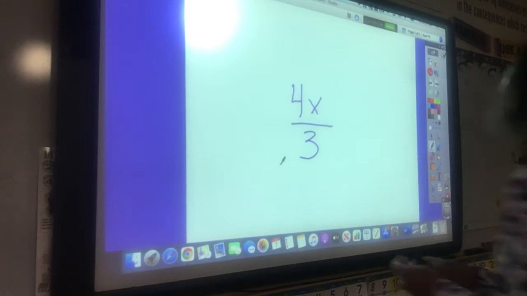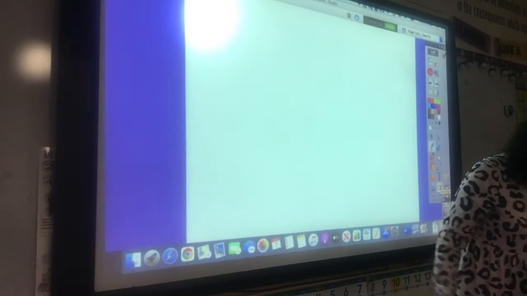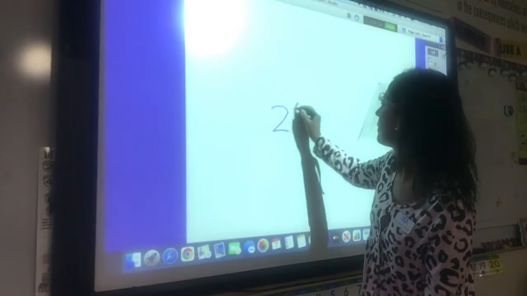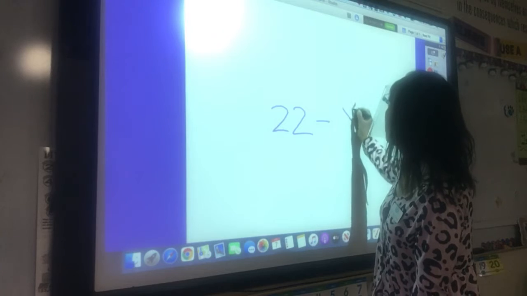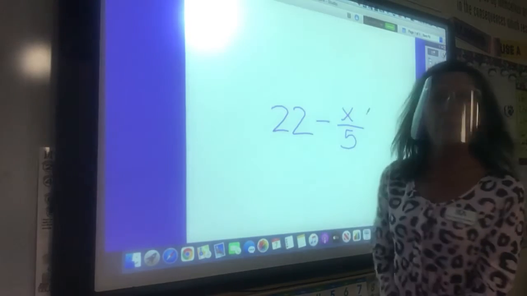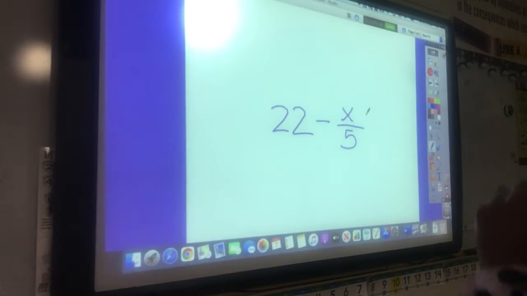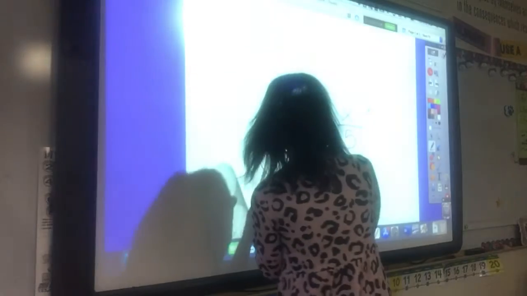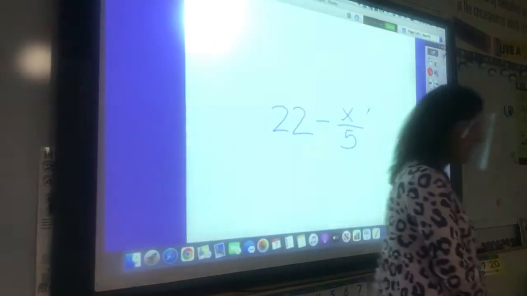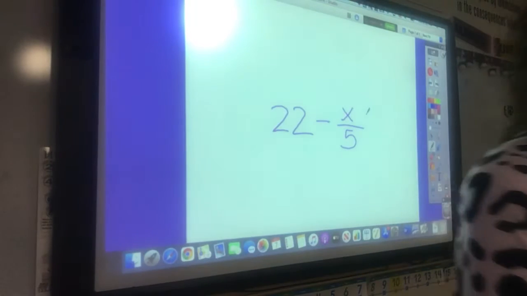Okay, let's try another one. All right, let's do 22 minus x over 5. Again, whatever I give you for x, you would divide that by 5, and then you're going to have 22 minus whatever that is. We're going to evaluate for x equals 20.